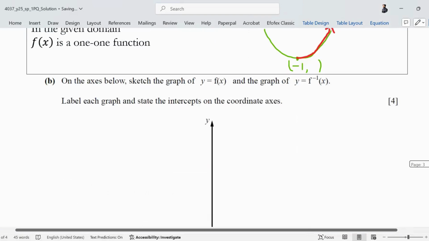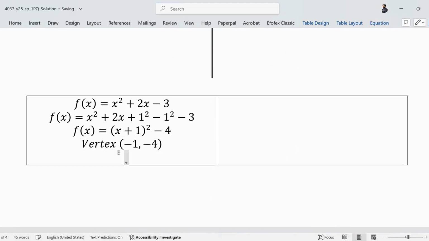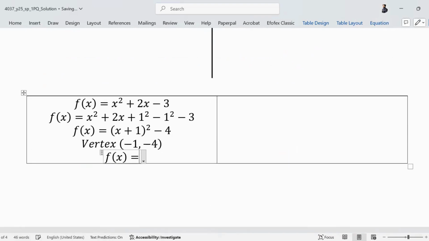Okay, and what other things do I need? The coordinate axis. The y-intercept is when x is 0. So f(0) is −3. That means it will be cutting at (0, −3).